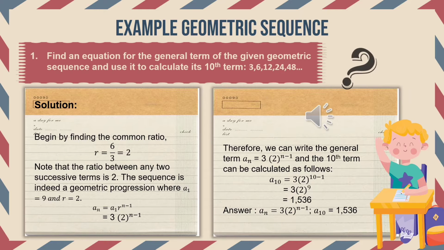The 10th term is 3 times 2 to the power of 10 minus 1, is 3 times 2 to the power of 9, is 1536. So the answer: a sub n is 3 times 2 to the power of n minus 1, and the 10th term is 1536.